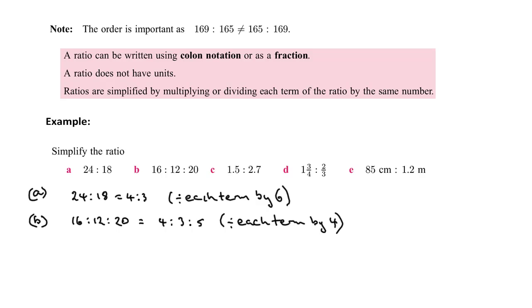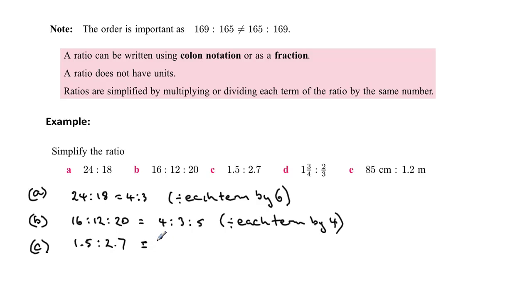All right, now when we have a look at the next question, I'll just get my pen here again. We've got decimals in this particular question, 1.5 to 2.7. Now you're not actually allowed to have decimals in ratios. So in this particular case, we're going to have to multiply both sides by 10.